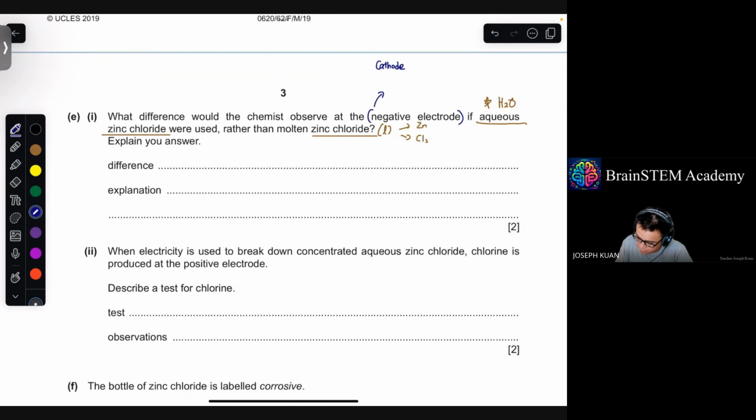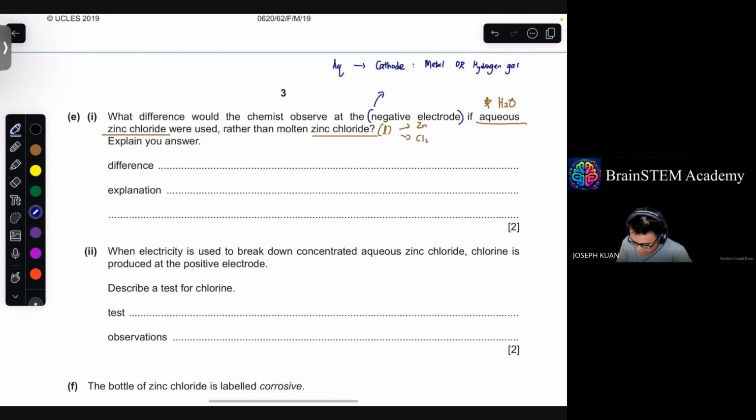for electrolysis of aqueous solutions, we will expect either a metal being formed at the cathode, or hydrogen gas. All right. And it will depend on the reactivity series. Please have a look at the reactivity series to know more.